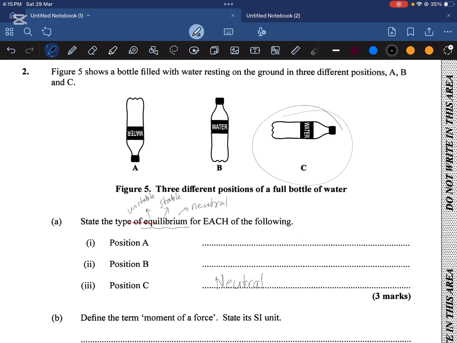Now if we look at A, it is on a small area of contact, unlike B, which has a larger contact. And if we remember anything from equilibrium, the center of mass is always acting vertically downwards.